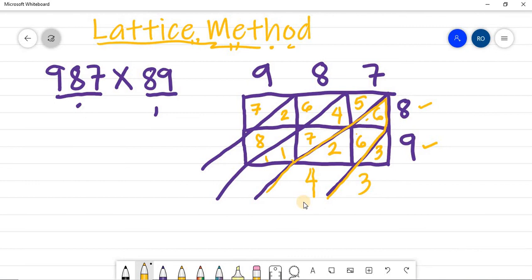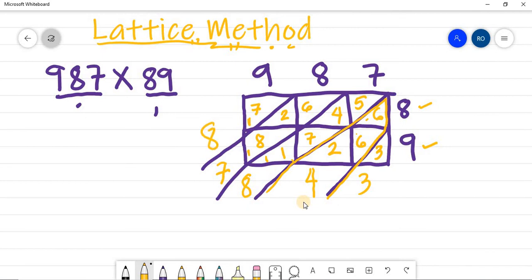We have 5 plus 4, 9, plus 7 is 16, plus 1 is 17, and plus 1 is 18. Carry 1 here. Let's proceed to the next diagonal set of numbers. 6 plus 2 is 8, plus 8 is 16, plus 1 is 17. Carry 1. So we have 7 plus 1 is 8.